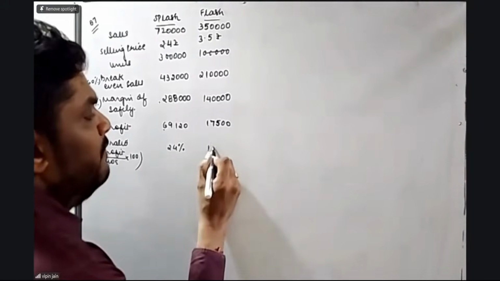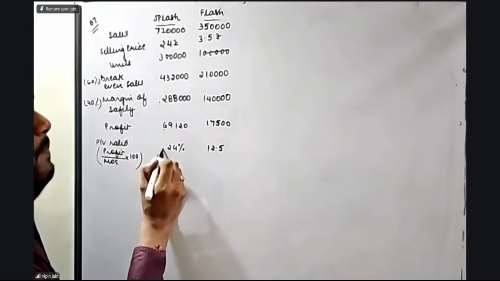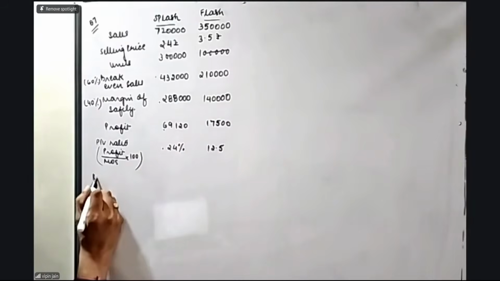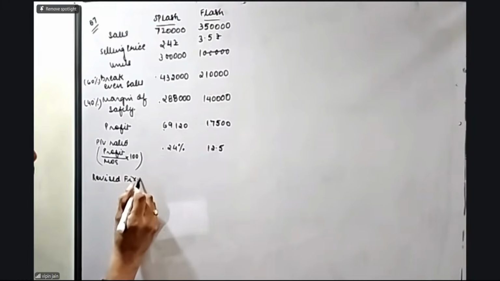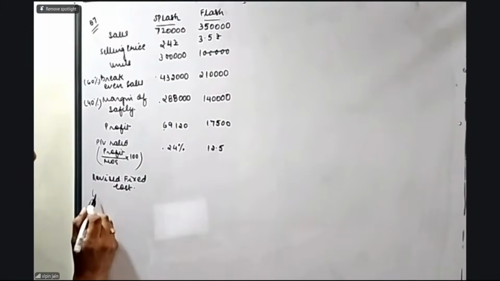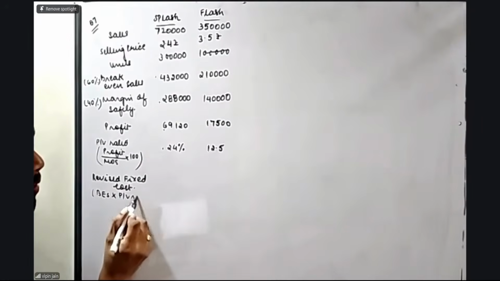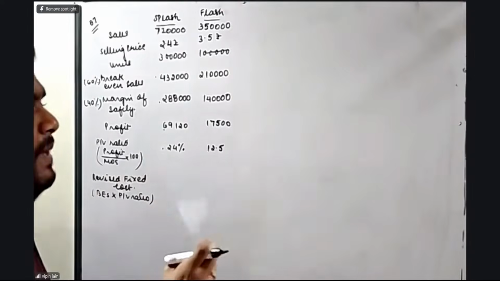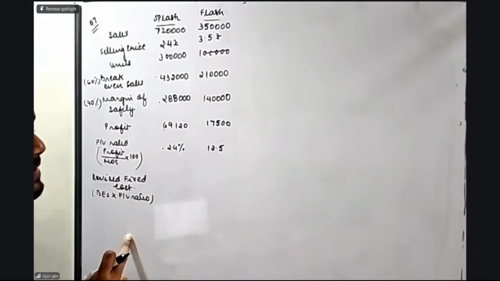It will be 12.5%. Now see, we have the PV ratio, we have the break-even sales. We can easily calculate the revised fixed cost. It will be fixed cost divided by PV ratio. Fixed cost divided by PV ratio is break-even sales.